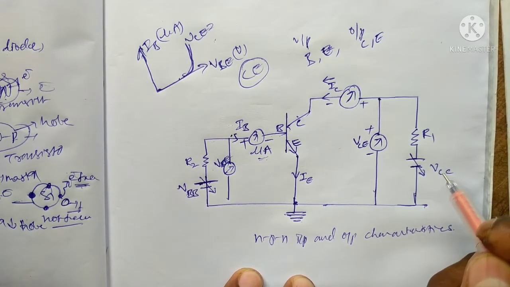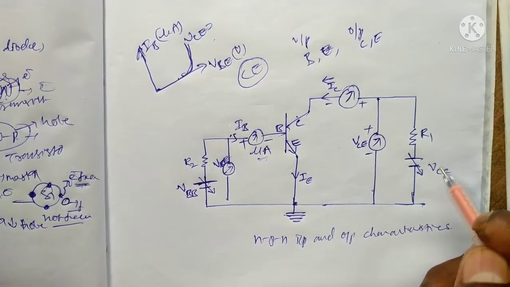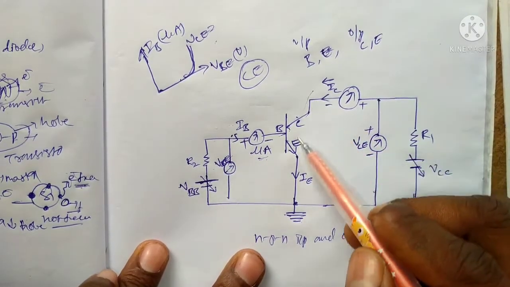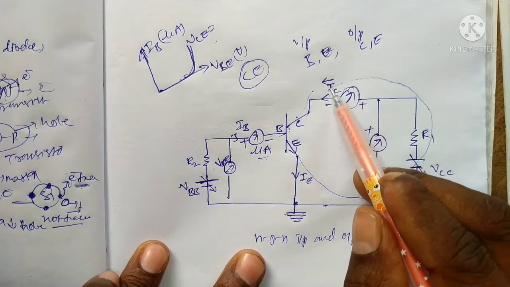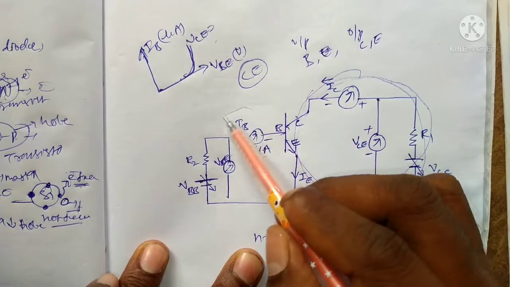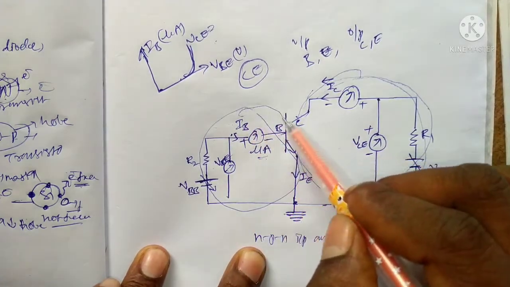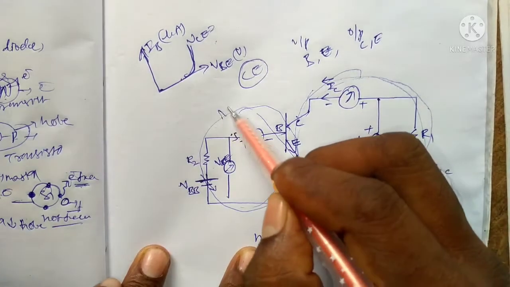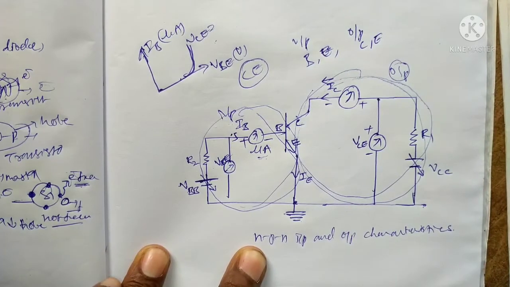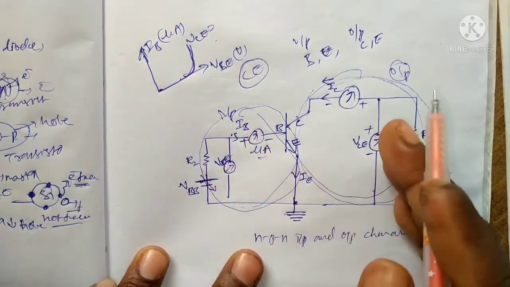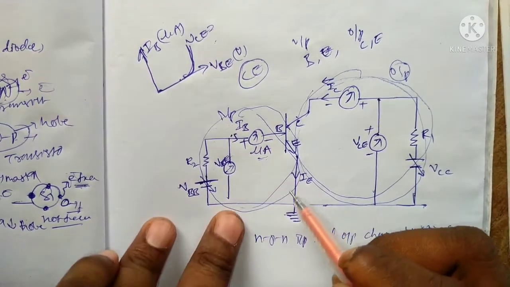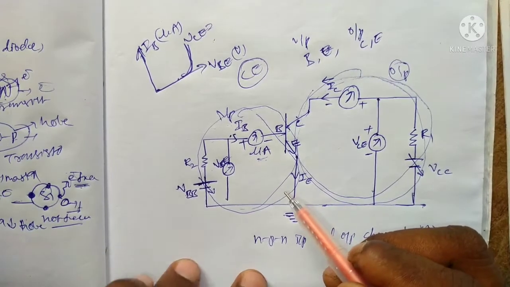The power supply is VCC in the output characteristics of the CE configuration. This part is the input, and this part is the output. Some part of the circuit is input and some part is output. That is the circuit diagram of the CE configuration of the NPN transistor.